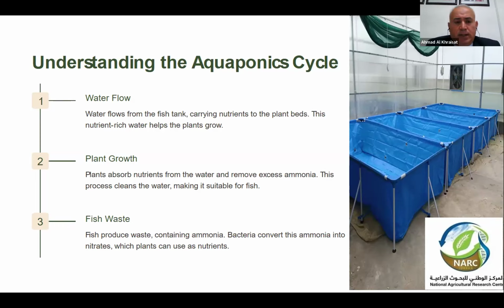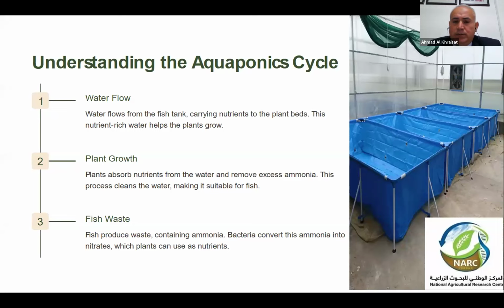The first one is the water flow. Water flow means the water from the fish tank carries the nutrients to the plant beds. These nutrients are rich in the water and help the plants to grow. This is the first principle, which is important: the relationship between the fish and the plants.